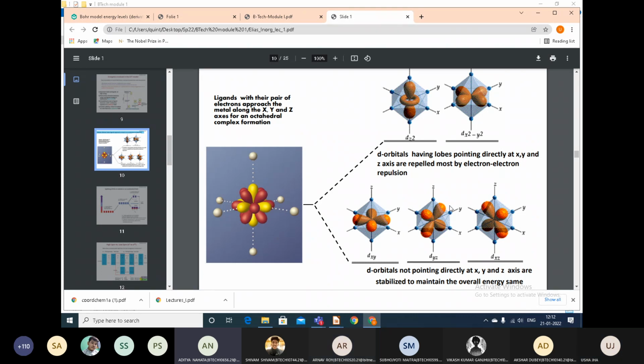And what was one of the salient features? VBT was able to explain the geometry of the complexes. With the help of what? Hybridization, ma'am, different hybridization.